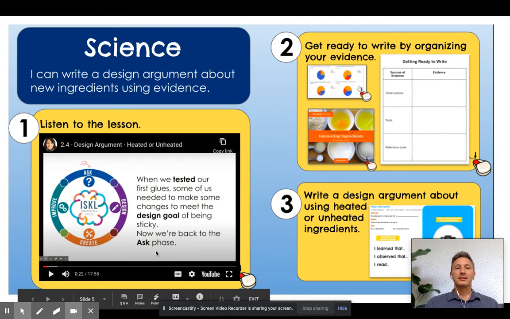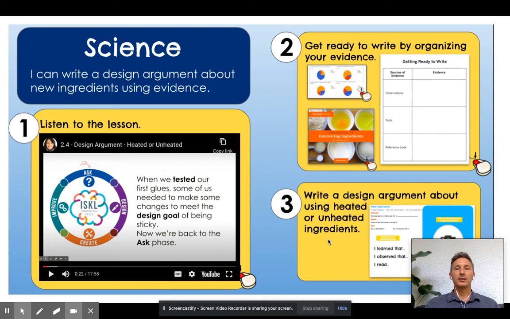This is the end of chapter 2, and so you're writing a final design argument for using heated or unheated ingredients in your glue mixture. In chapter 3, we're going to start testing how strong your glue is, and that's when we start using the weights, but it looks like we'll be doing that back at school anyway.